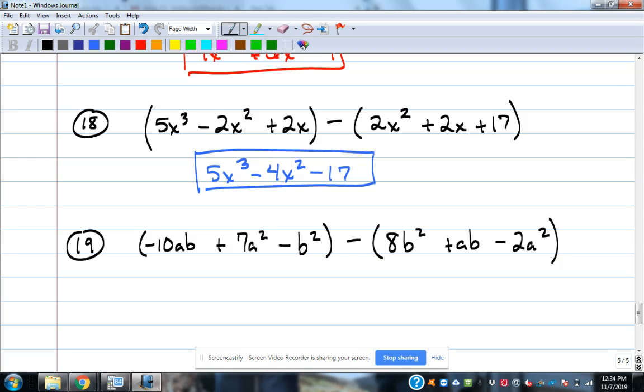7a squared minus negative 2a squared. 9a squared. Different color. 9a squared. Right? Now what?